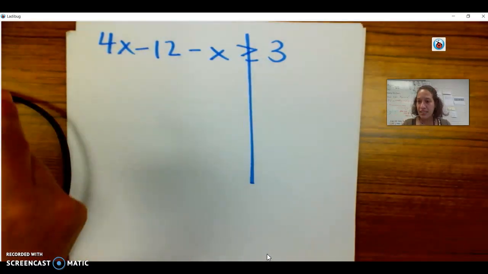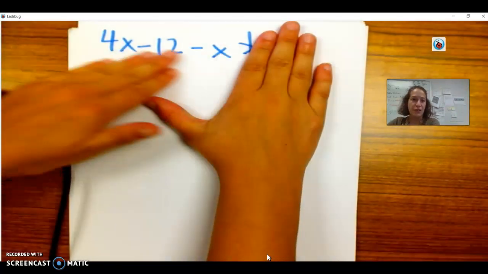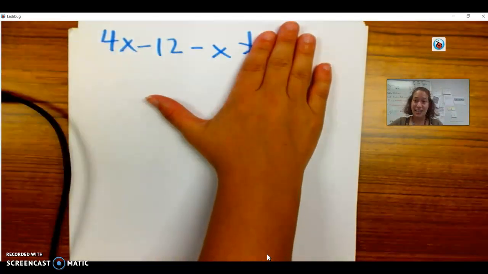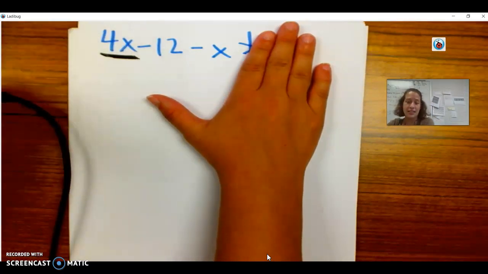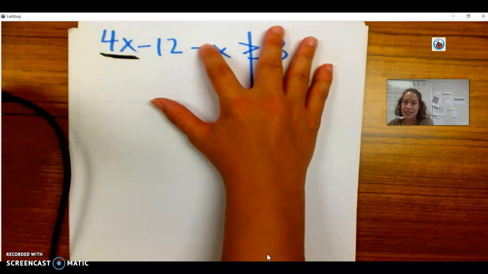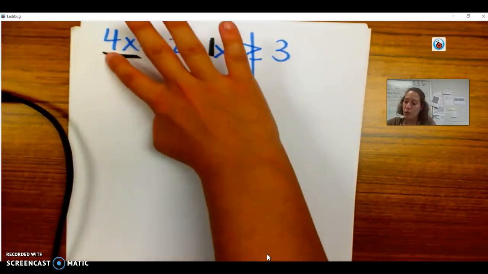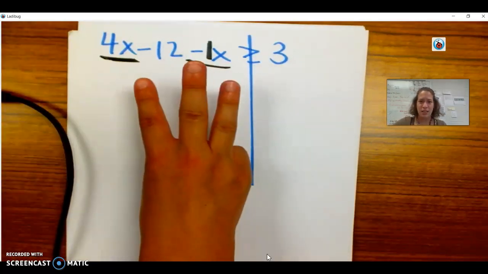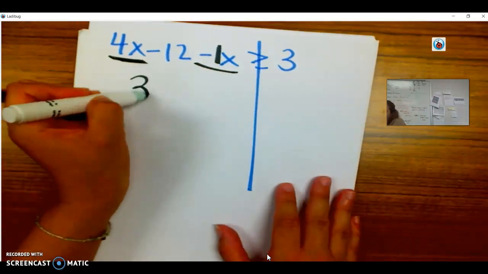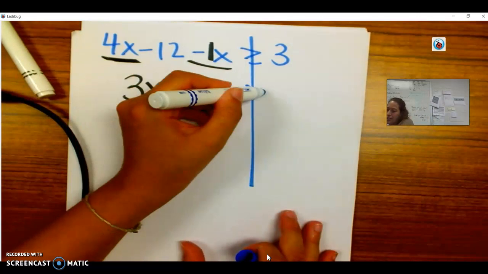I don't see any parentheses, so I move on and try to combine letters. I look on the left side first, and I see that yes, 2 letters are the same. They can go together. I have 4x minus something. If we don't have anything, we put a 1. So 4x minus 1x. That's easy. 4 minus 1 is 3. So we have 3x minus 12. Keep the symbol.